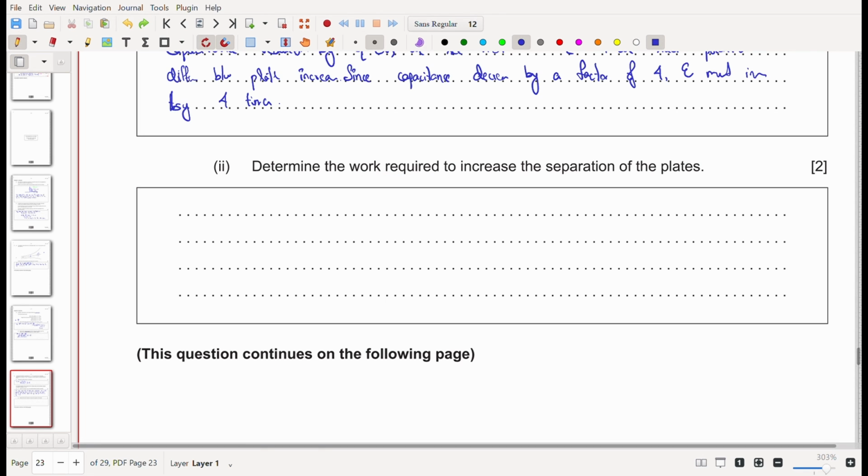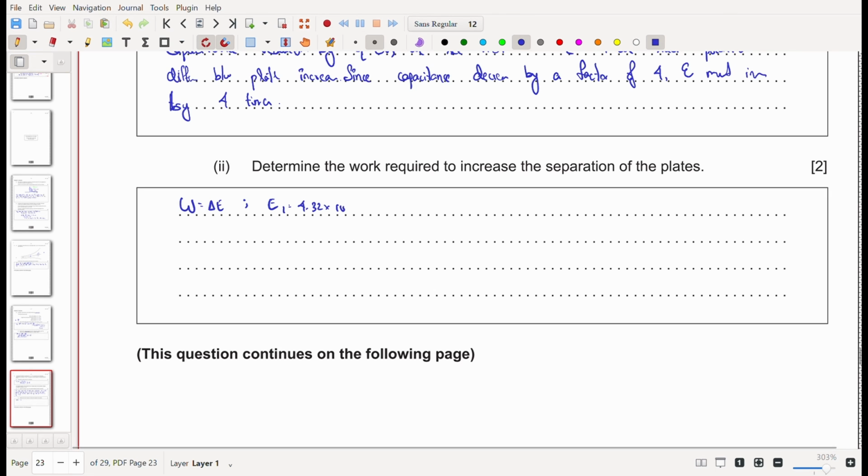Moving on to part 2, determine the work required to increase the separation of the plates. Easy peasy. Let's look at the change in energy, shall we? Work is equal to delta E. E initial is equal to, as we calculated, 4.32 into 10 power minus 8 joules. Now let's calculate E final.